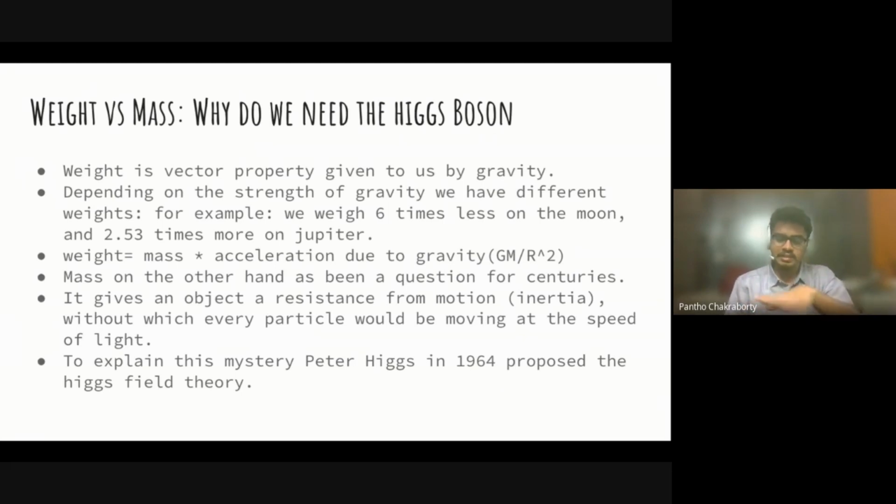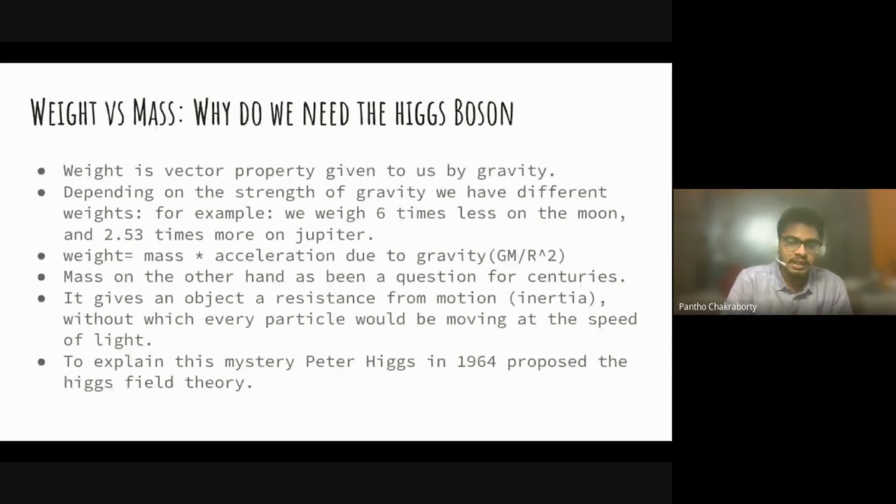When you stand on a weighing scale to see your weight, it's calculating how much mass would produce the weight you're putting on the scale. What you're getting is the mass, so there's a distinctive difference between weight and mass.